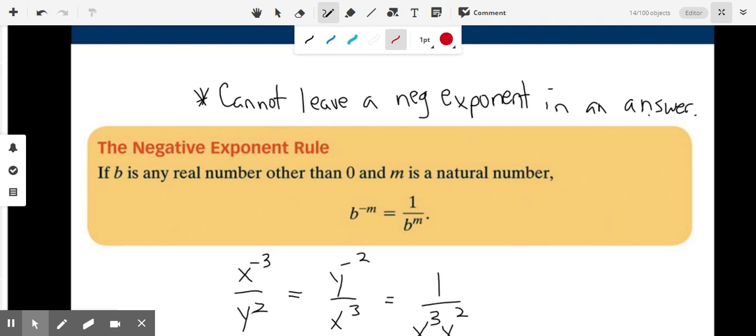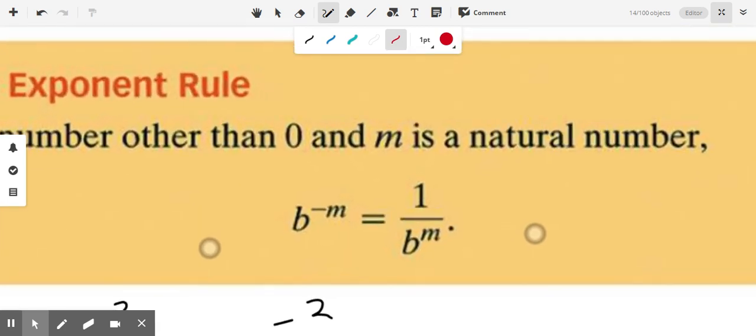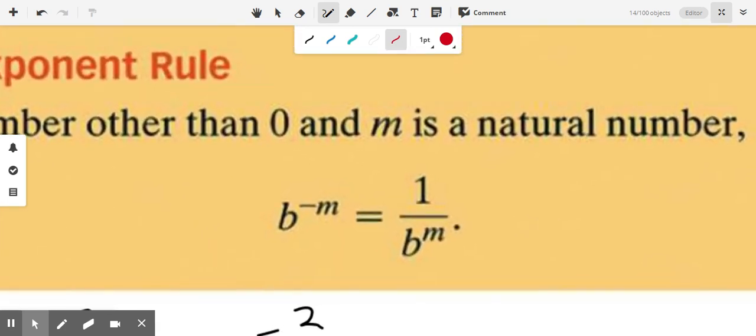Just like if you have 4/8, that's not simplified till you simplify it down to 1/2. And here's the rule with an exponent. Notice the variable b raised to the negative m is equal to 1 over b to the positive m.